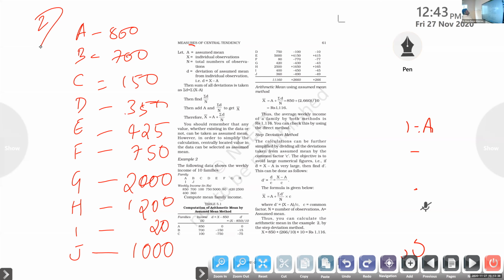A is 800, B is 700, C is 150, D is 350, E is 425, F is 750, G is 2000, H is 1200, I is 20, and J is 1000. Question number 2, homework. Same question: find out the mean by the assumed mean method.